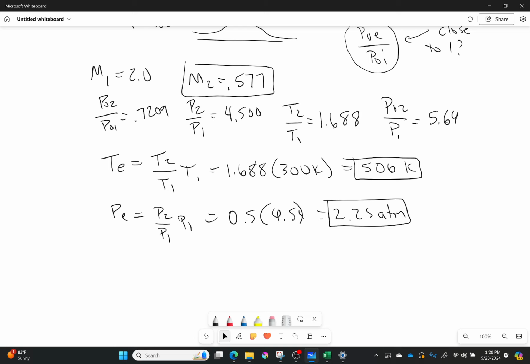Oh, I feel silly. I'm not trying to find the exit static pressure, I just need the ratio. Well, it's already given to us. P naught 2 over P naught 1, which is the same as P naught exit over P naught 1, is simply 0.7209. Now, that is not 1. Because it's not 1, it means it's not perfectly efficient, because it's not isentropic.